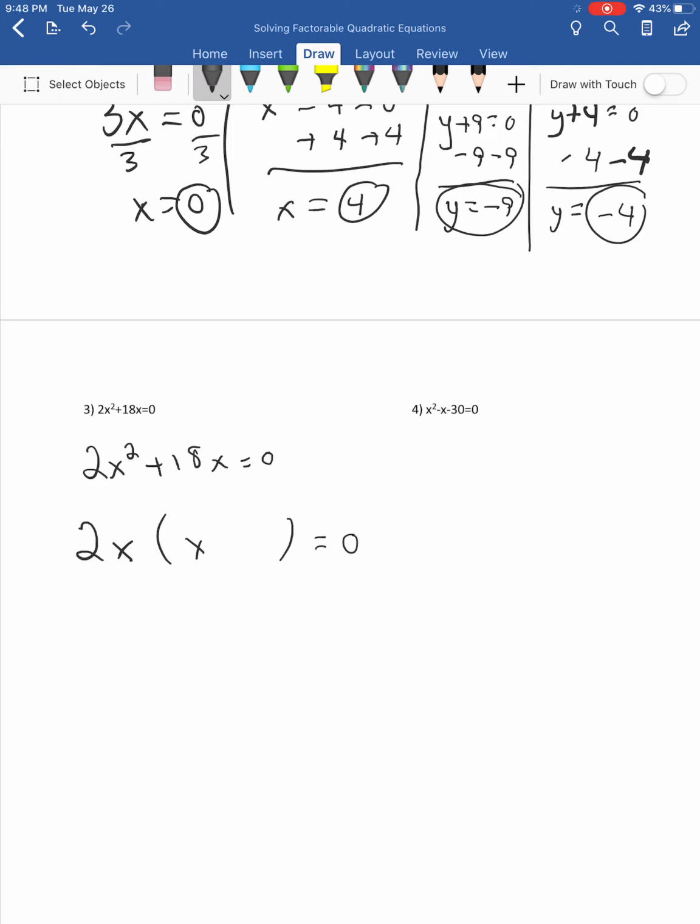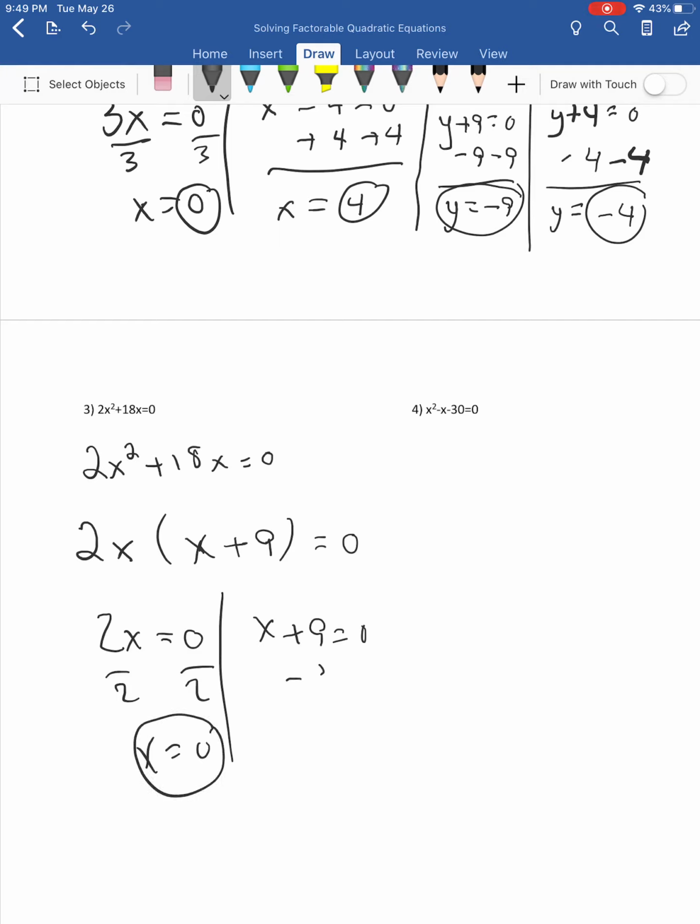We already have the 2, we need the x squared, so we're going to put an x in there. And then from 2x to make 18x, we need a plus 9. Okay, now we'll use the zero product property. 2x equals 0, x plus 9 equals 0. So x is 0, and x is negative 9.